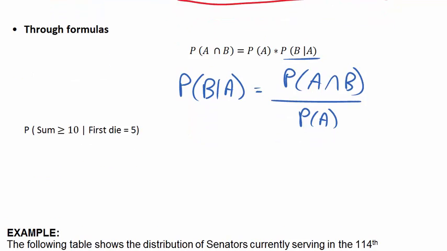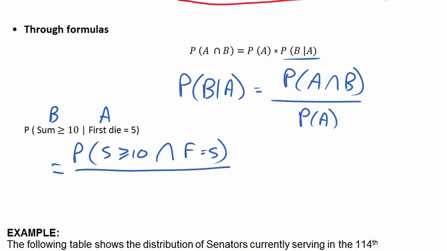So over here, probability of B given A, so this must be event B, this must be event A, probability that the sum was greater than or equal to 10, given that the first die was a 5. So that is going to be equal to, by what we just had, the probability that the sum is greater than or equal to 10, and the first die was a 5, divided by the probability of the A, which is the probability that the first die was a 5.